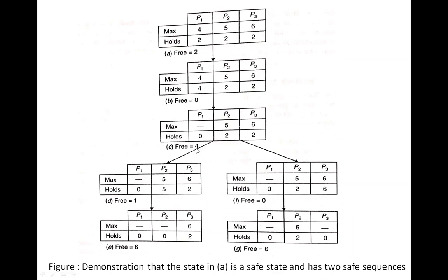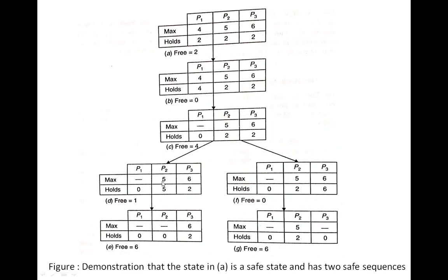Now, out of these 4 free units, the maximum requirement of P2 is 5, so we can allot 3 units to P2, or all 4 units can be allotted to P3. So we have 2 ways to go. Suppose we allot 3 of the available units to process P2.